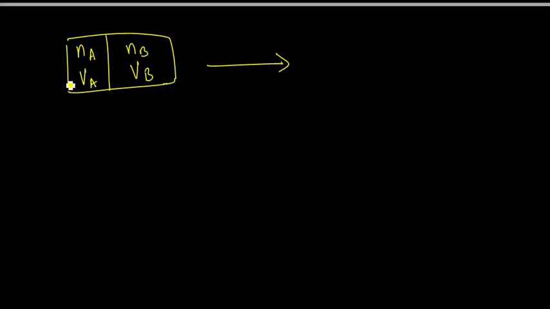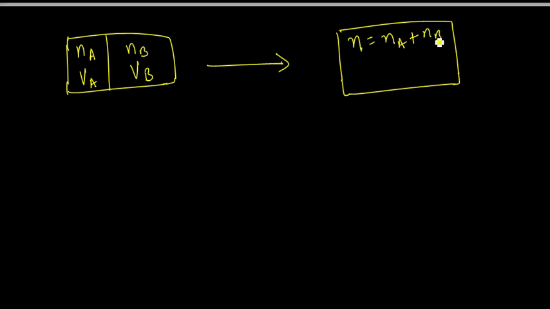The total number of moles is conserved, so there is no chemical reaction over there. The total volume is VA plus VB. So I have mixed. The temperature is the same, right? Pressure is the same. These are ideal gases.